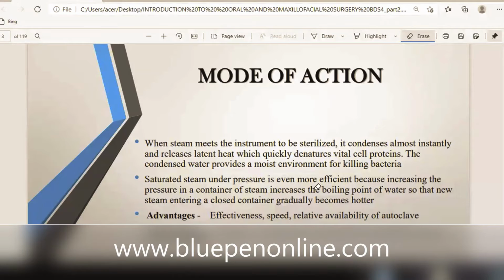And this condensed water or moisture also provides a very good environment for killing bacteria. And we have a particular pressure inside, which is 15 lbs, and this pressure will also help in killing the bacteria. And this pressure can make the autoclave machine hotter. And all this environment, the moisture, the pressure, the temperature, and the specified time actually help in killing the bacteria and getting these instruments sterile.